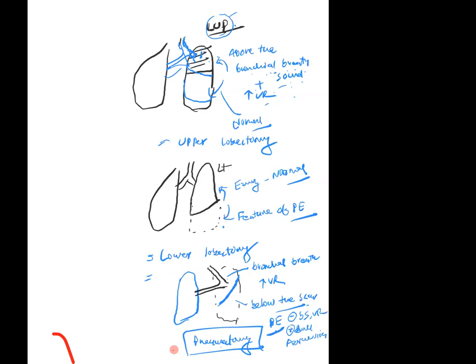The trachea is shifted to the left side. On percussion, there is dullness in the first to fourth intercostal space. On auscultation, there is a bronchial breath sound along with increased vocal resonance in the first to fourth intercostal space. All other areas are normal. So my diagnosis is a case of left upper pneumonectomy.